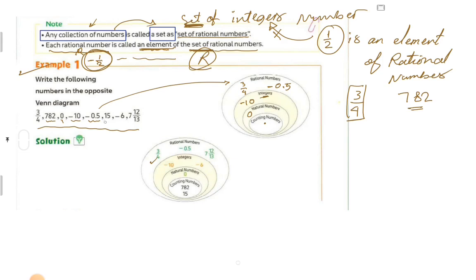Okay. 15, just a counting number. 15. Negative 6 is an integer. 7 and 12 over 13 is a mixed number. A mixed number goes to the rational numbers. Next.